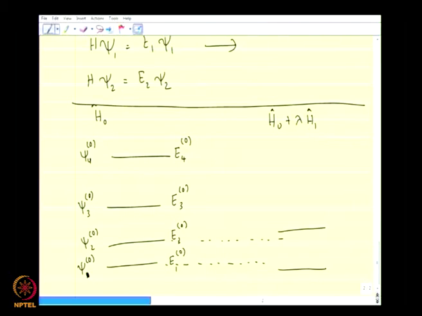In the presence of H1 these energy levels are altered. What about the wave functions themselves, which you now call psi 1, psi 2 and psi 3, and this is E1, this is E2, this is E3.